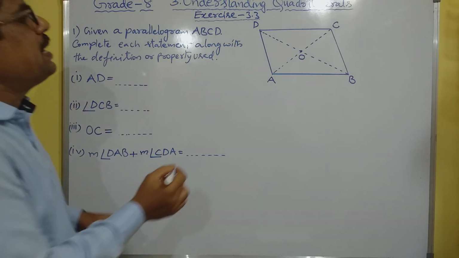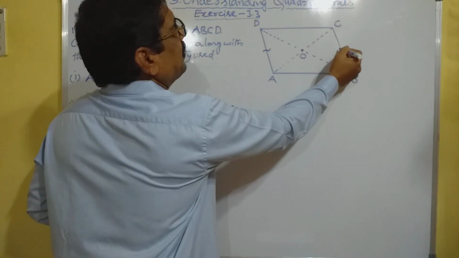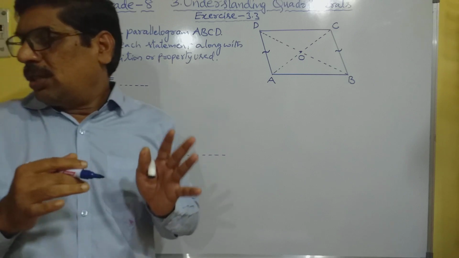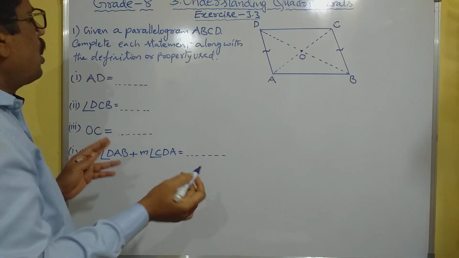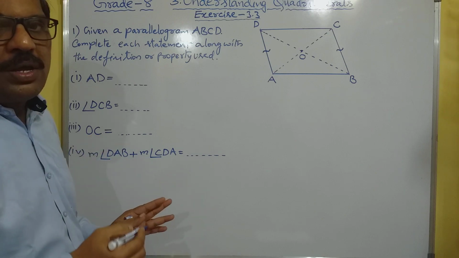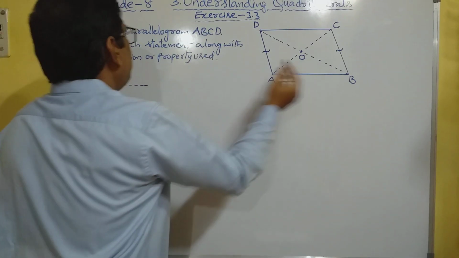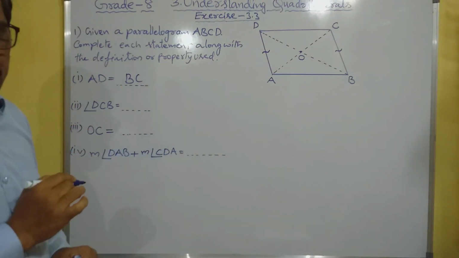So what is AD? Here AD is equal to BC. Why? Let us recall the properties of a parallelogram. In a parallelogram, opposite sides are equal. So AD and BC are equal sides, we can write AD is equal to BC.